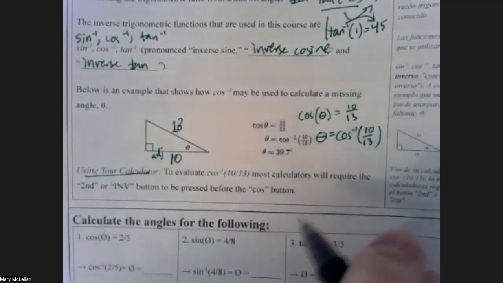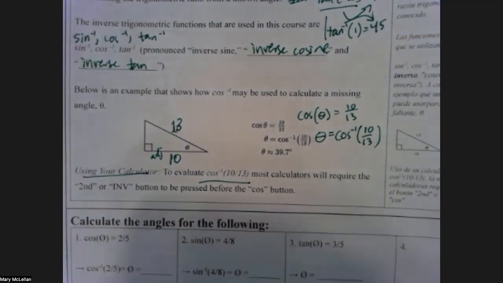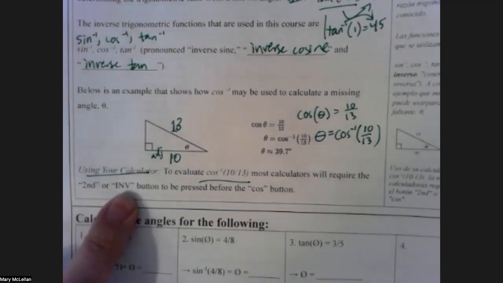So we use our calculator. We evaluate inverse cosine of 10 over 13. If you have a TI-84, which is what we have in our classroom, you can use that. But any scientific calculator will have a way to do this. It's usually either the second button or the inverse button that you press. I'm going to press the second button because that's what I have on this calculator.